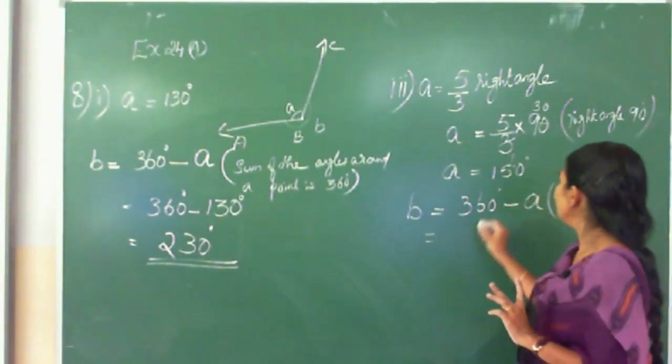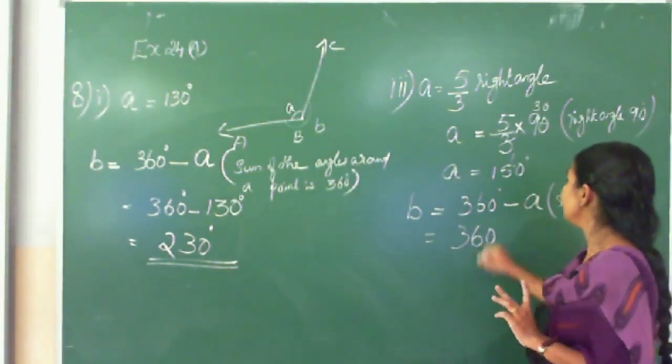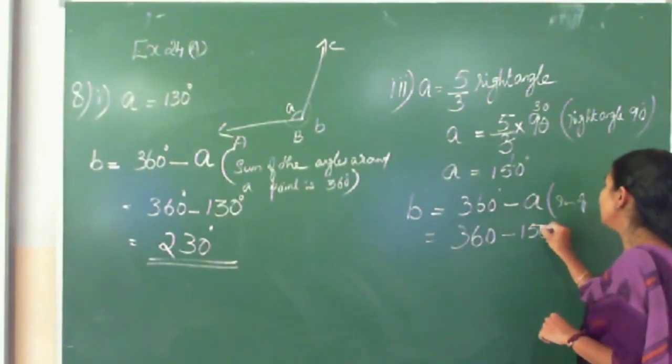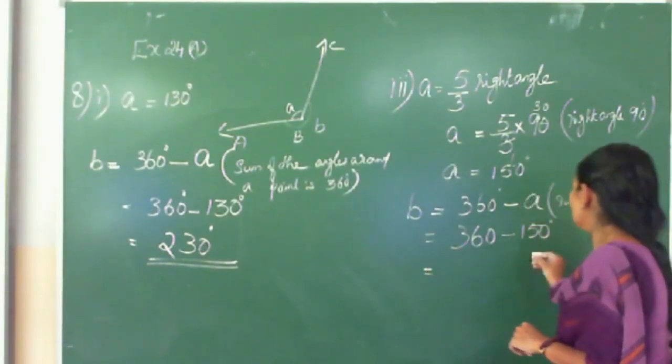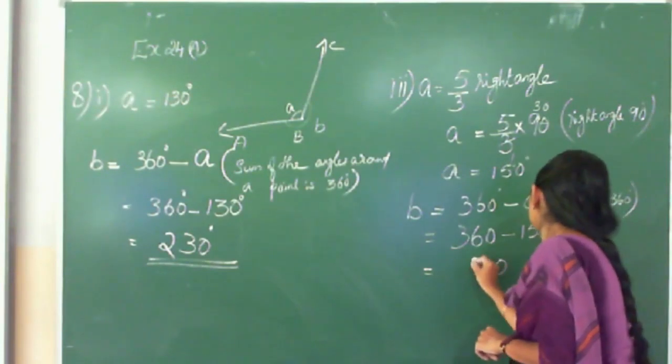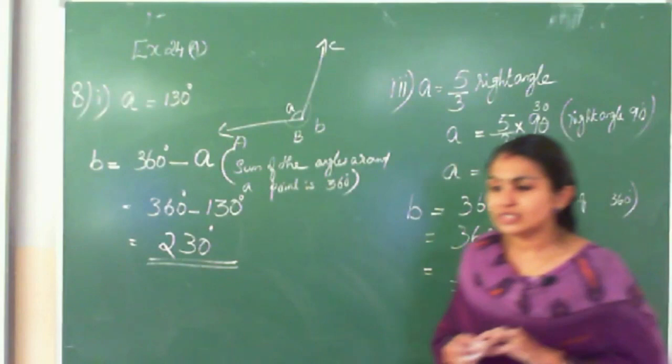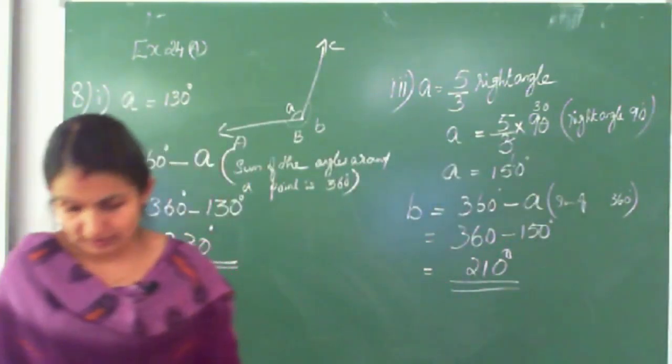So 360 degree minus this 150 degree is equal to 210 degrees. So this is the answer for the 8th question.